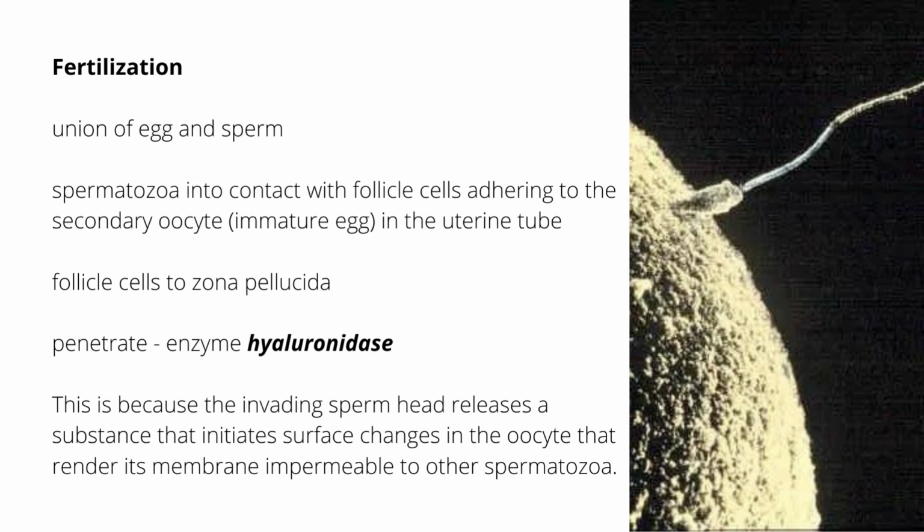Let's go to fertilization. The development and liberation of the male and female gametes are steps preparatory to their union through the process of fertilization. Active movements first bring some spermatozoa into contact with follicle cells, adhering to the secondary oocyte or the immature egg cell, which still lies high in the uterine tube or the fallopian tube.